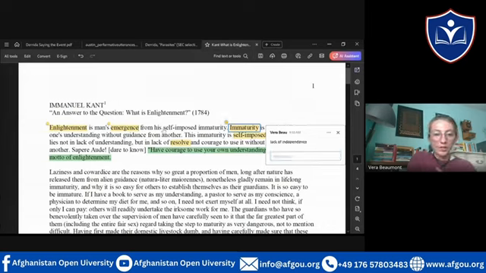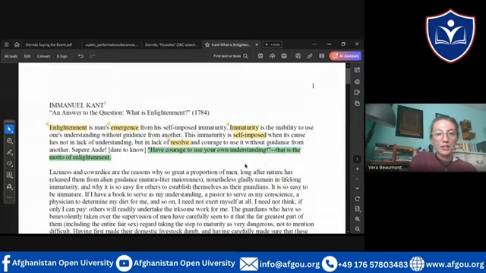So resolve is to determine or to decide. So we find all the words that you suggested for words that needed definitions. And then I think one of you again pointed out the main idea of the paragraph. Yes, of course.